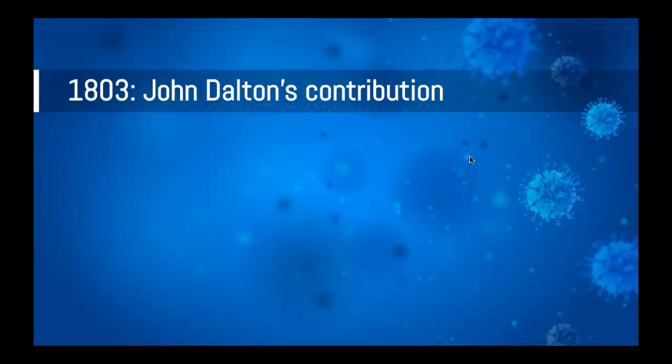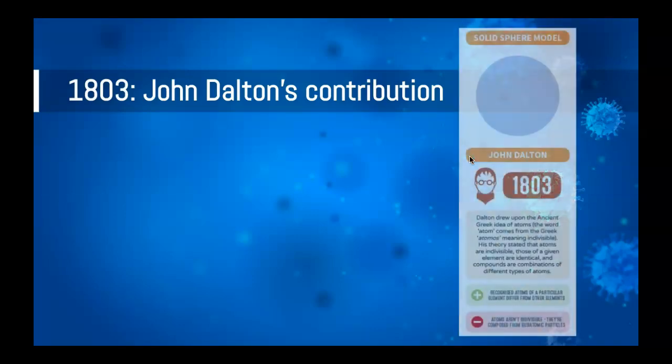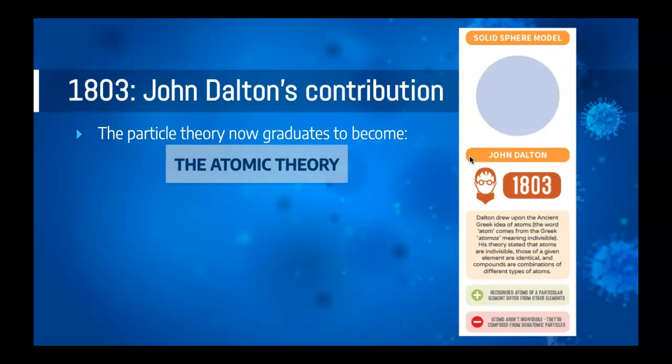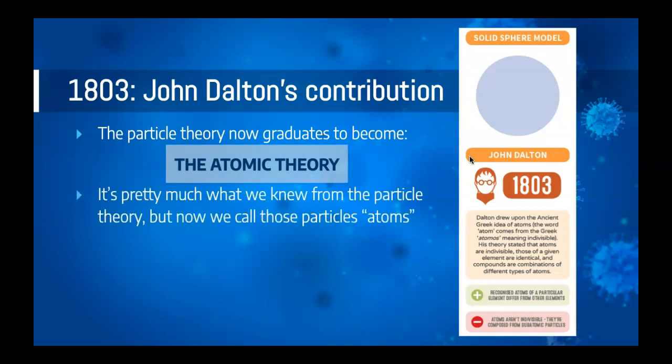All right, so we'll start off with, in 1803, a man named John Dalton, who basically proposed the idea of what is now called the atomic theory, and really he didn't change anything. We already had an understanding of the particle theory.